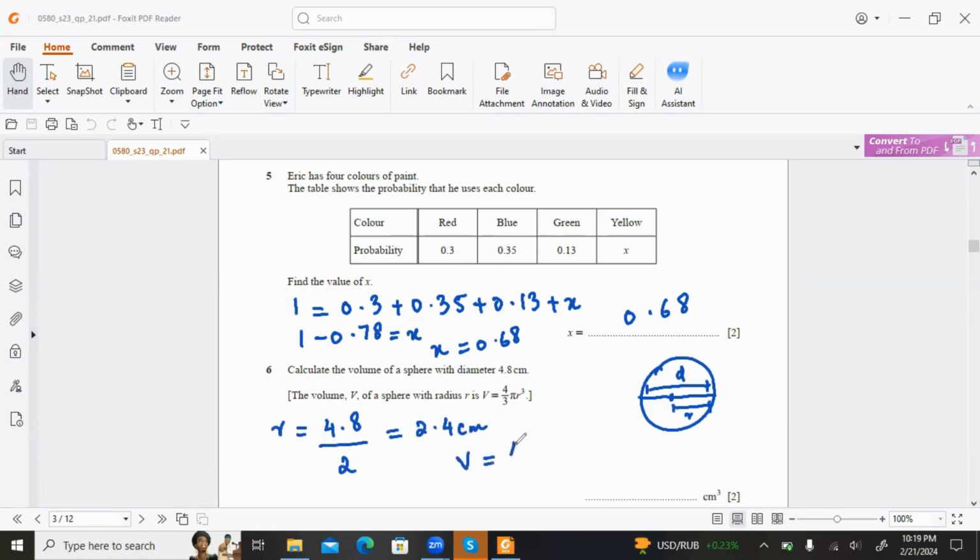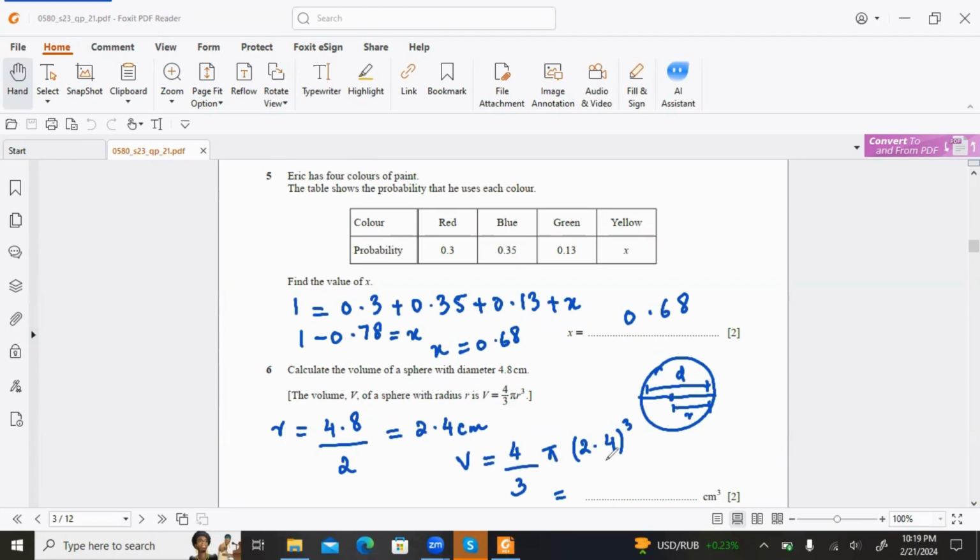We substitute the value in the formula of the volume of a sphere, which is given in the question, 4 over 3 pi r cubed. So 4 over 3 times pi times 2.4 cubed. Log it in the calculator.